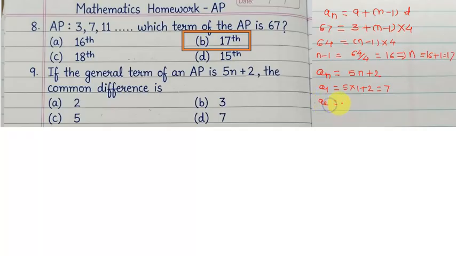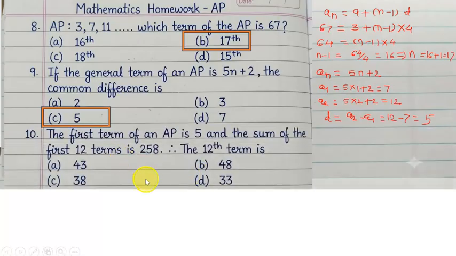Next, A2 is equal to 5 into 2 plus 2, 10 plus 2, and that is equal to 12. Common difference D is equal to A2 minus A1, 12 minus 7, and that is equal to 5. And hence option C is correct here.